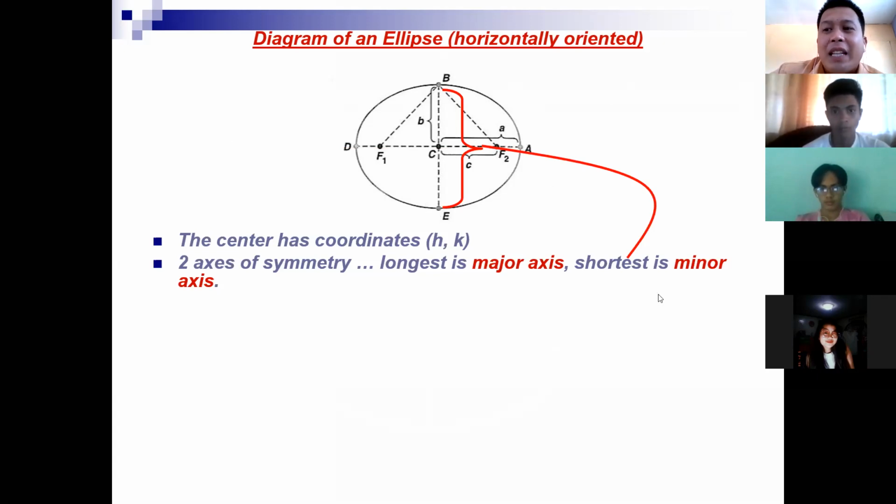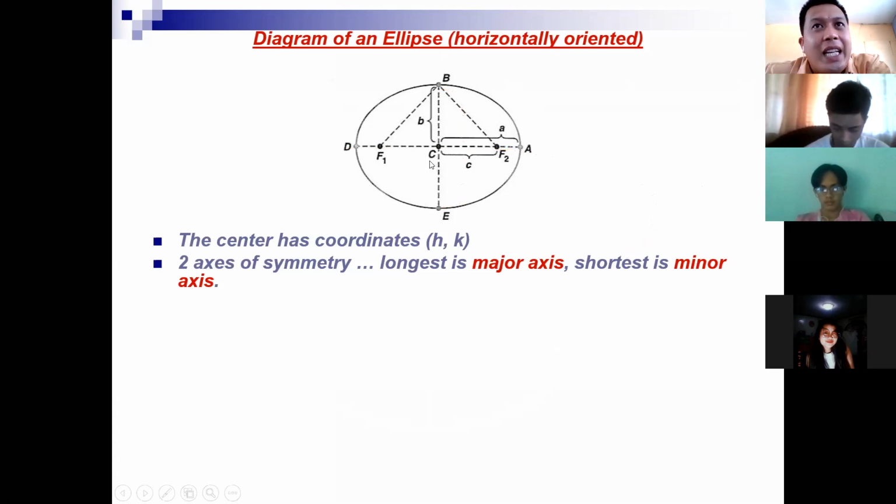Okay? Notice that in the graph class, you have as well the letters. Okay? From the center at H and K, the distance of point A to the center is noted by a small letter a. The distance of the center to your focus is letter c.